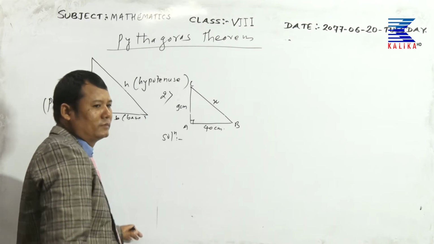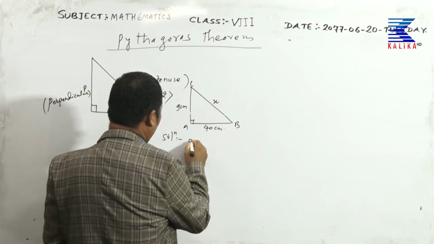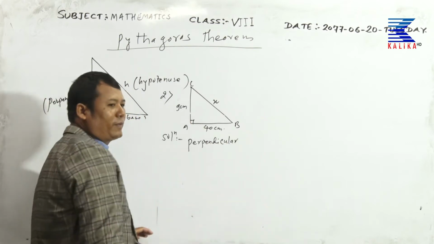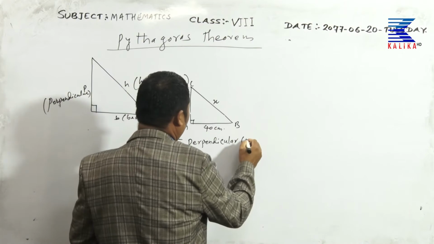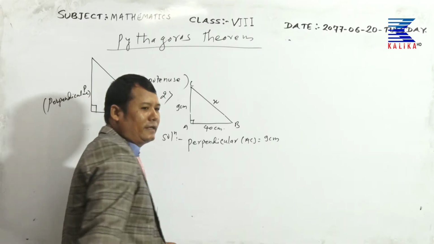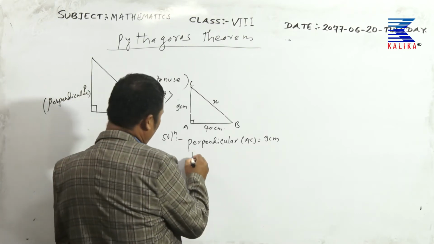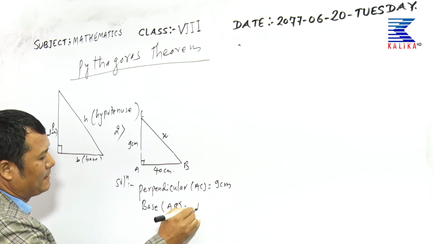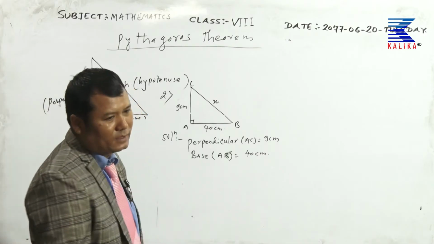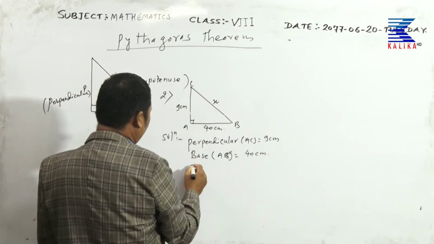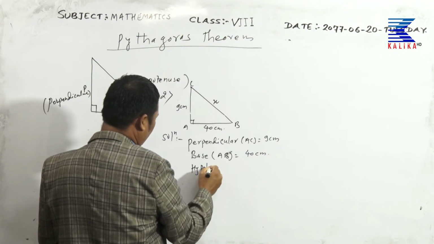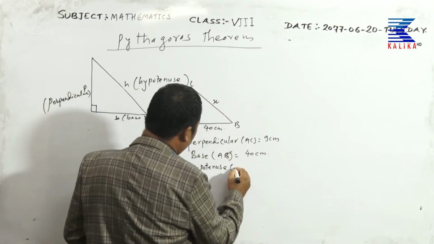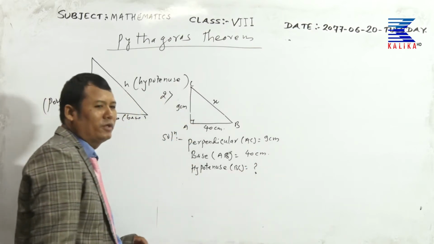Solution: perpendicular AC is equal to 9 cm and base AB is equal to 40 cm, and hypotenuse BC is equal to x.